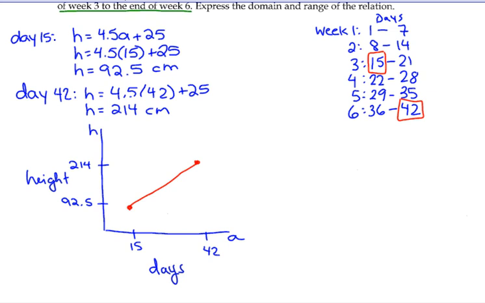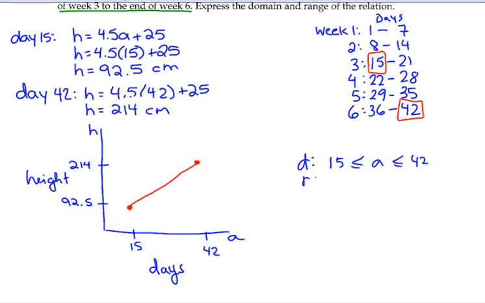Beautiful. Now, what does it want us to do with this question? Domain and range in the context of this question. So for the domain, instead of x, what's our variable? a. So a is between what two values? 15 and 42. So a is greater than or equal to 15, and less than or equal to 42.